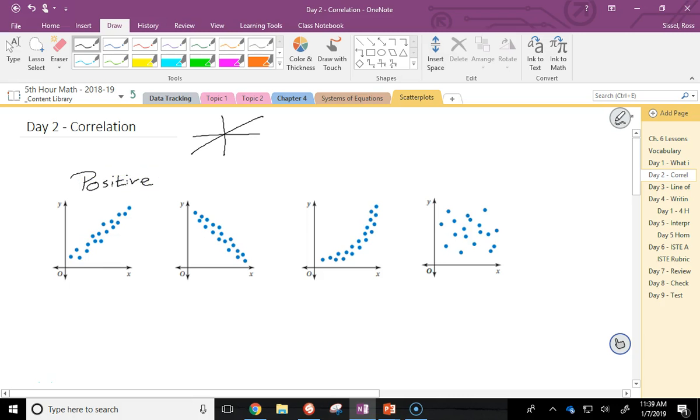That's going to be important because we're going to be asking you to identify the correlation. The first one is a positive correlation, which means when X is increasing, Y is also increasing.